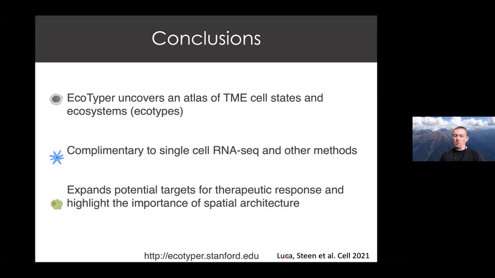As I mentioned, this work appeared in the last couple of weeks. So if you want all the gory details, you can find it in that reference. We also have a website called ecotyper.stanford.edu. There's various things that you can do there. If you have a bulk gene expression data set that you want to project our ecotypes on, you can upload it to the website and it will estimate that and give you back the results and some pretty visualizations.